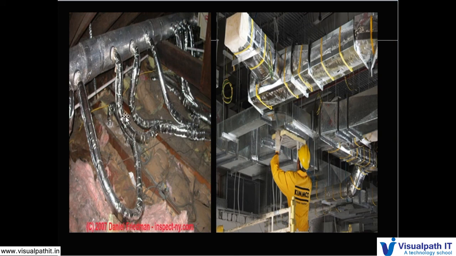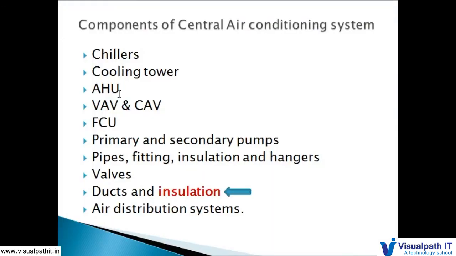So that's all about the components of the central air conditioning system. In the upcoming slide I will integrate all those things. What are all the components we have studied, starting from the chiller. I will show you here. From chiller, cooling tower, I will put everything integrated, and I will tell you how each and everything works, and how it will be looking at site.